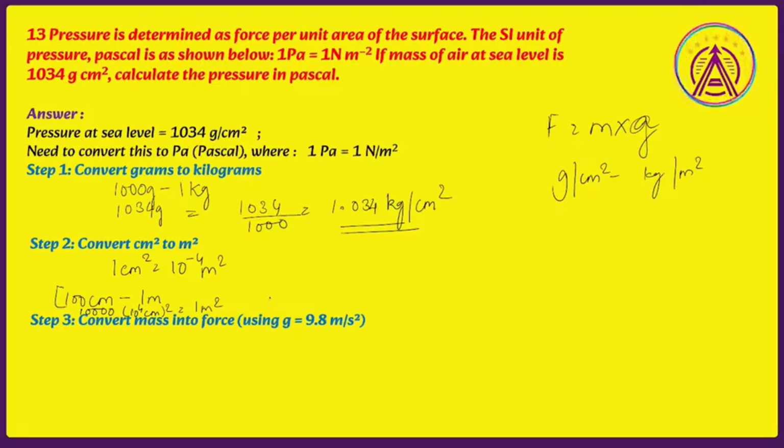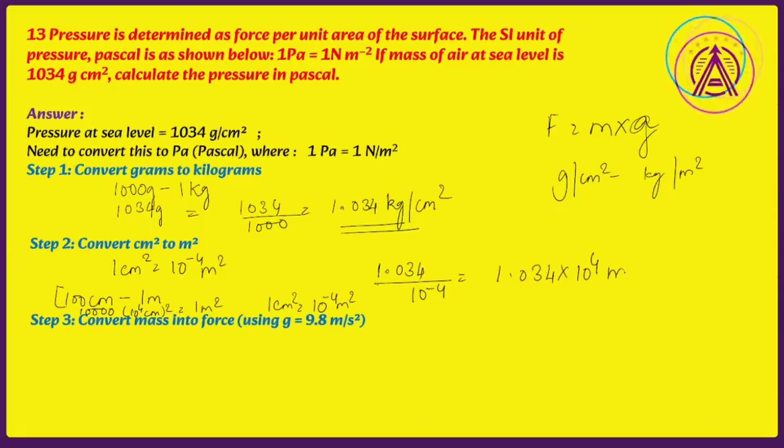Or the opposite way, 1 centimeter square is 10 to the power minus 4 meter square. So I can write this answer as 1.034 divided by 10 to the power minus 4, which is 1.034 into 10 to the power 4 kg per meter square.